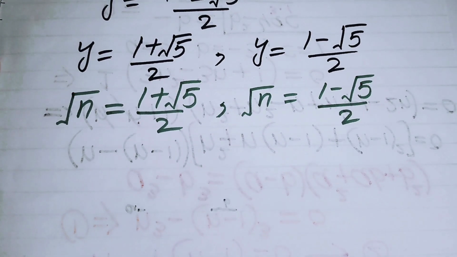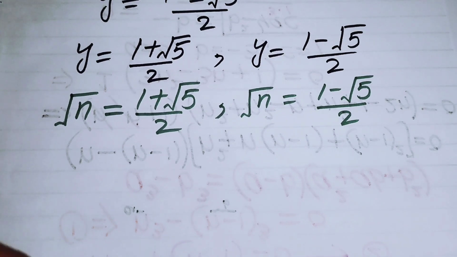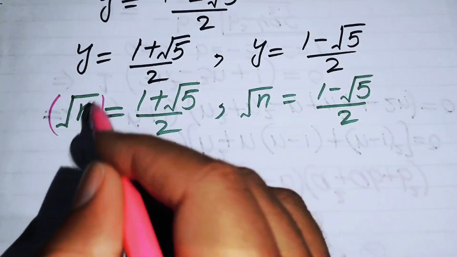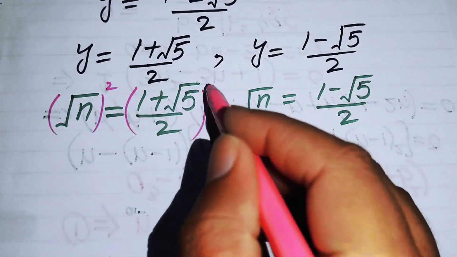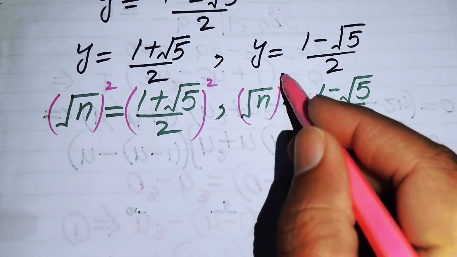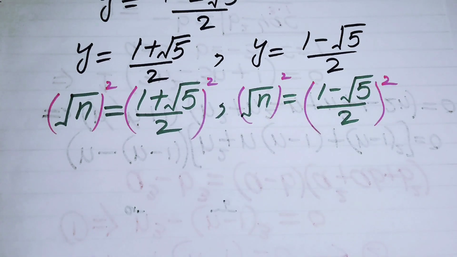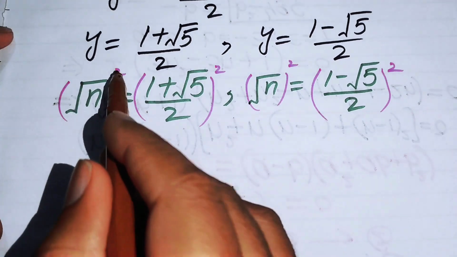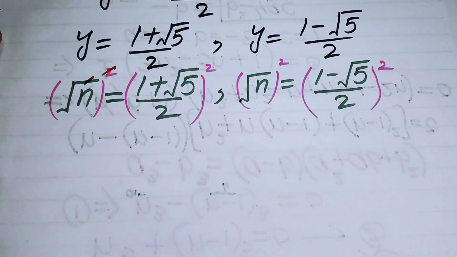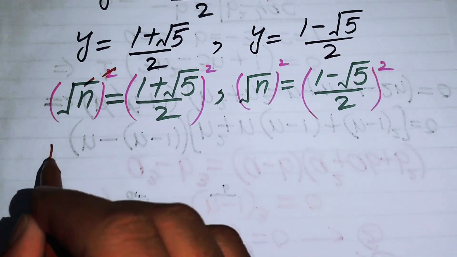In order to find the values of n, we need to remove the square root on n, so we take the square on both sides in both cases. In the next step you see the 2 and the square are gone.